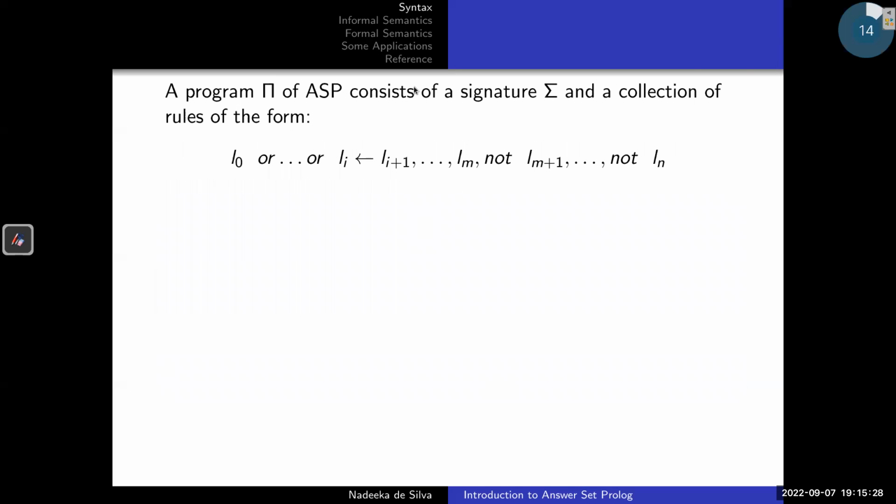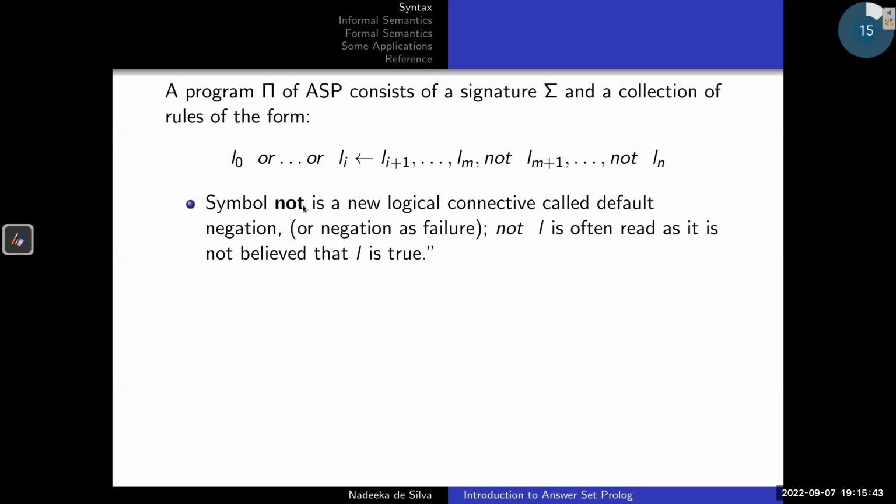Now a program of ASP consists of a signature and a collection of rules of this form. This is the body of the rule and this is the head of the rule. The symbol not is a new logical connective called default negation. Not l is read as: not believed that l is true.